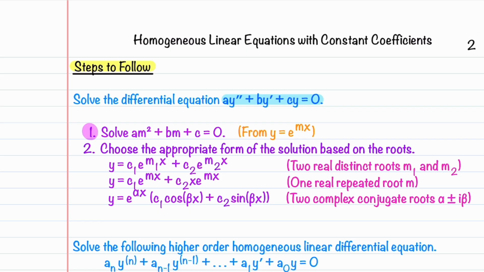The first is to solve the characteristic equation. Remember, that just comes from setting y equal to e to the mx. And then the second step is to choose the appropriate form of the solution. And the form is going to depend on if you have two real distinct roots, one real repeated root, or two complex conjugate roots.